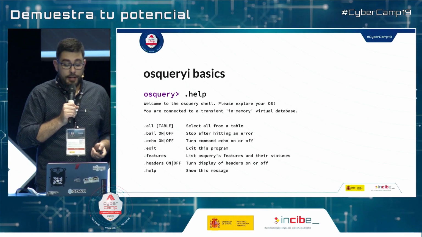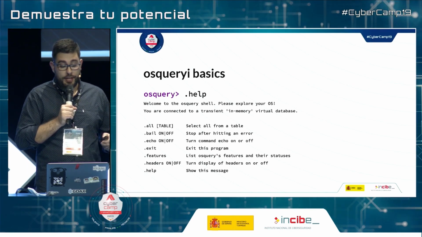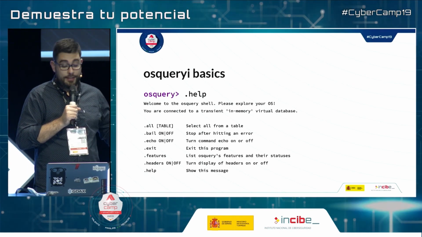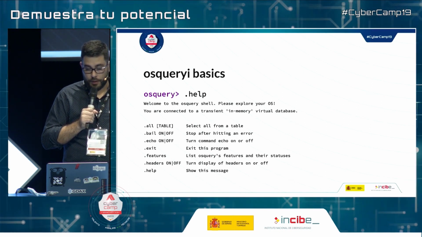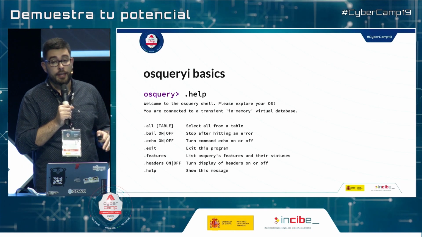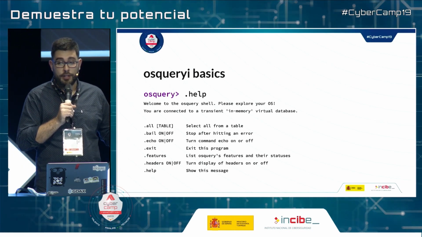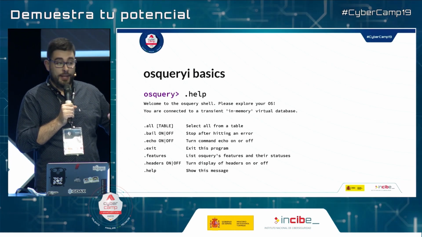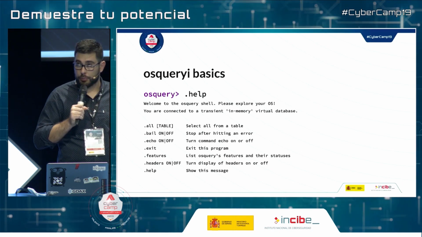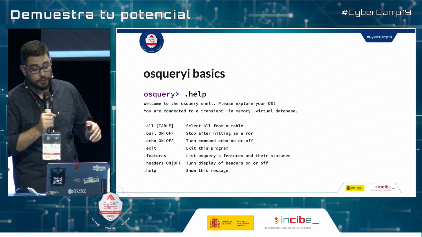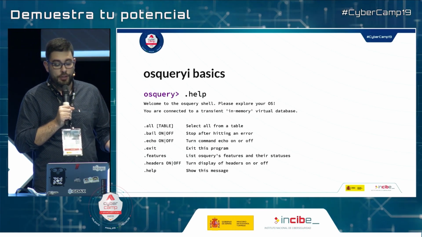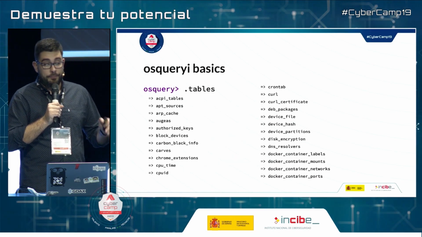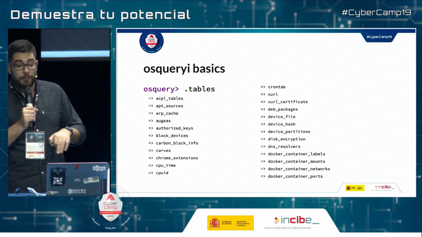The most basic command is .help, and this will give you basically the ideas. The .help is taken from the SQL engine, so SQLite. It's SQLite 3 point something. I don't know which is the most recent one. So it's SQLite in this case.